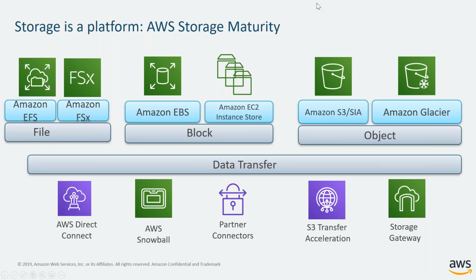I mentioned that AWS has many different services, and specifically when it comes to storage, AWS has a wide variety of storage services. This is not a comprehensive list, but to give you an idea of some of the key services: AWS offers file services like Amazon EFS and FSx, both for Windows and Lustre. Block services like Amazon Elastic Block Store, or Amazon EBS, provide block storage to Amazon Elastic Compute Cloud, or Amazon EC2, instances.